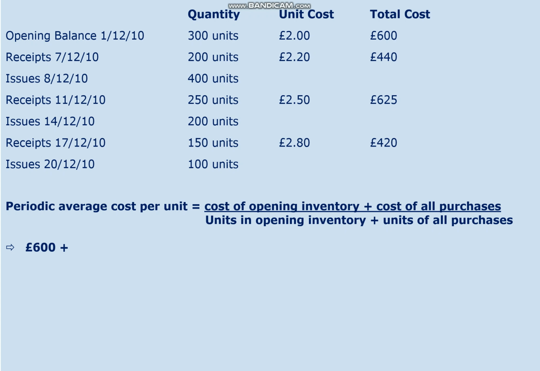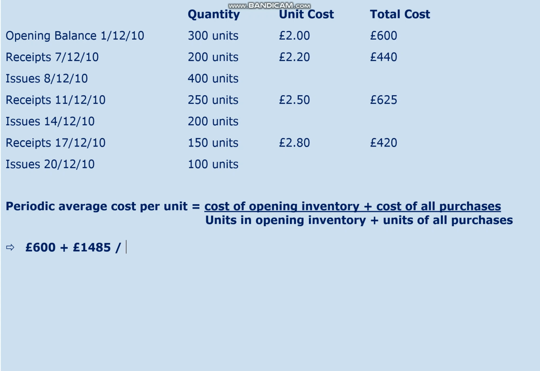So we will add the monetary value 440 plus 625 plus 420. In total, cost of purchases is 1485. That is the cost of opening inventory plus cost of all purchases during the period.